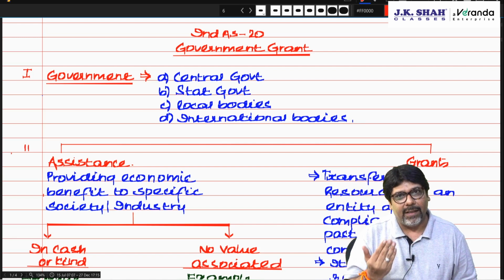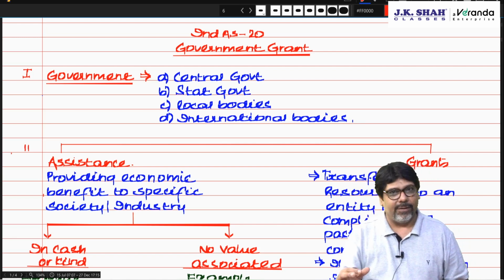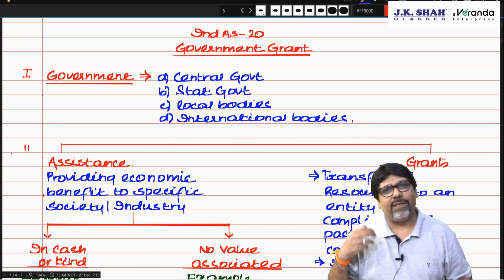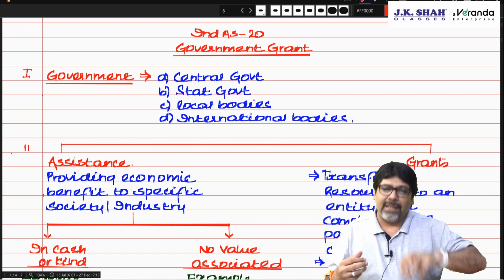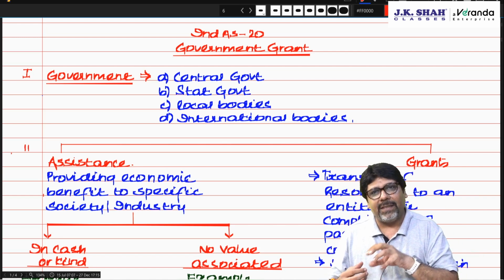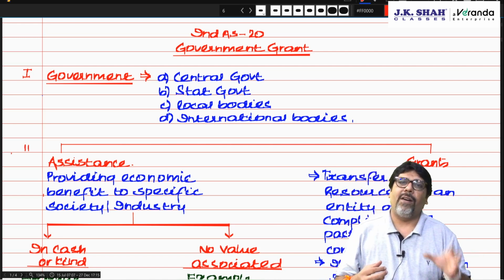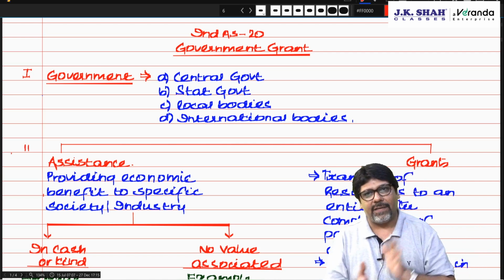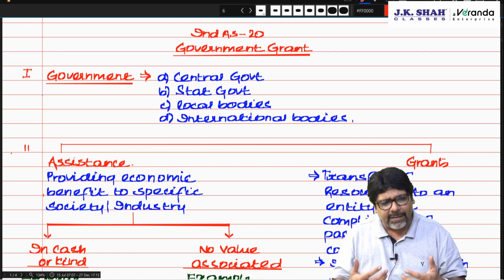Which cannot be valued in terms of money should be disclosed only. Government grant is a transfer of resources by the government to a specific entity on fulfillment of certain conditions, either past or future conditions. Am I clear? For which I have given you examples.